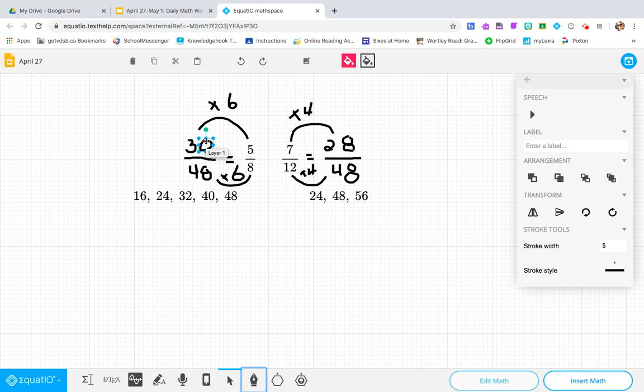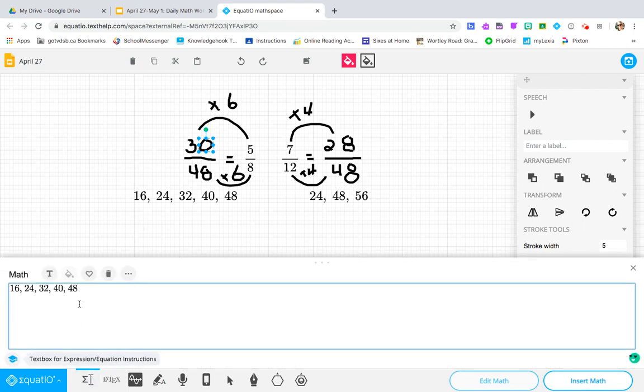Now that we've done this, we can see our new equivalent fractions that we are also able to compare. So our new equivalent fractions will show us that 30 over 48 is going to be compared to 28 over 48.